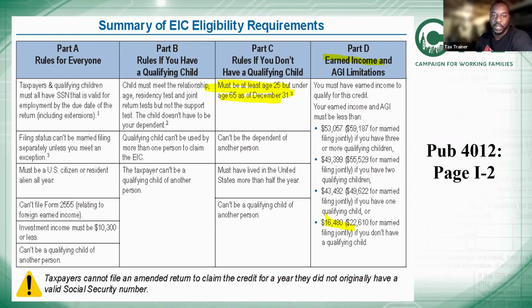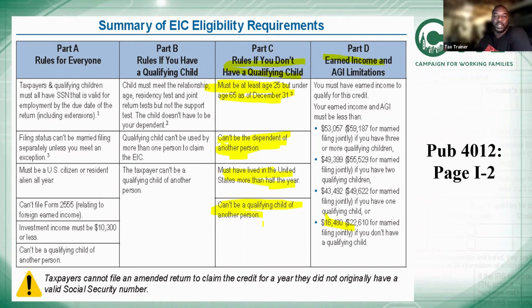All right, so I'm going to end the poll. I'm going to share the results. We got a little difference. I want to make sure we understand this. Rules if you do not have a qualifying child: he must be at least age 25, but under 65. That's a rule. He can't be a dependent of another person. So whoever checked off must not be a dependent of the taxpayer, it says it right here. He must live in the United States for half the year, and he can't be a qualifying child of another person.